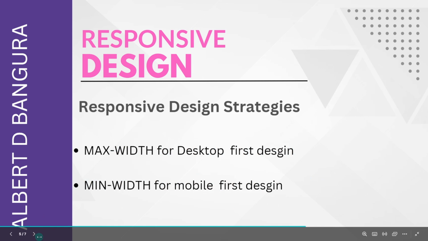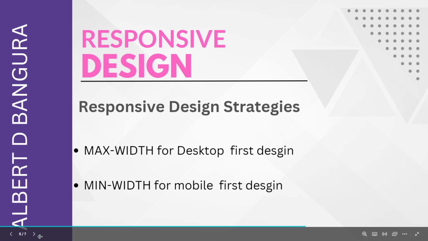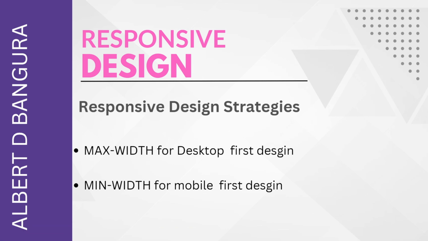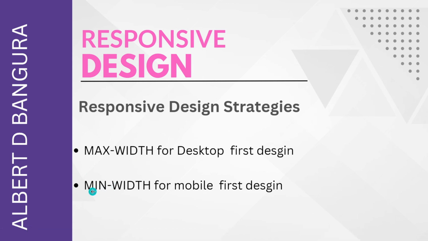Now we have two strategies, of course, as we discussed in the beginning: mobile first and desktop first. If we are doing desktop first, that means we design for desktop first, and to be able to view that design on a mobile device or a smaller device, you need to use the max width strategy, and the min width strategy for mobile first design.